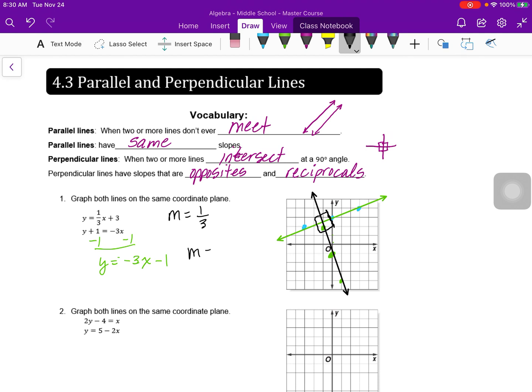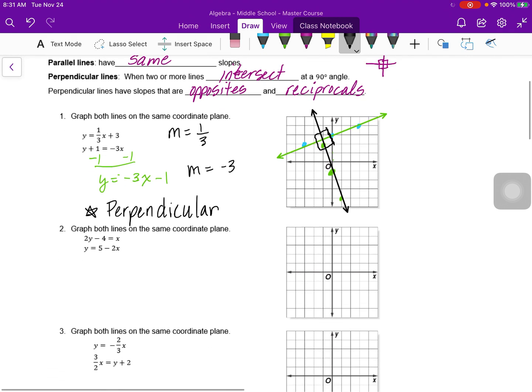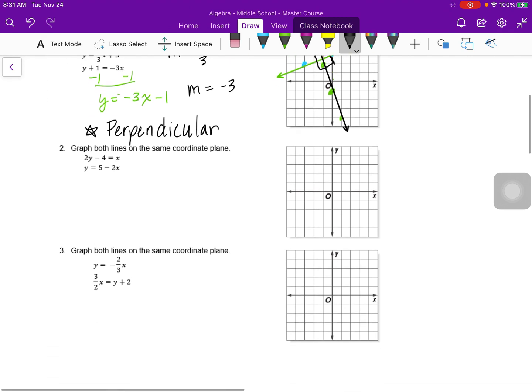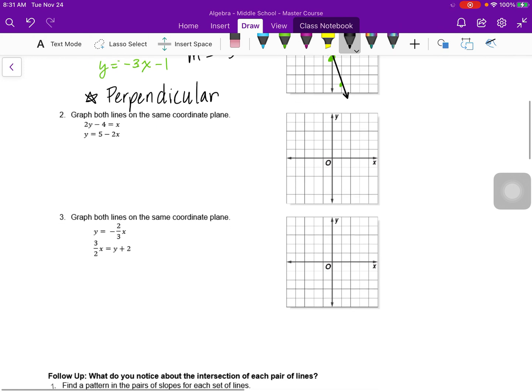In the second equation, I have a slope that is negative 3. Those are definitely opposites. One is positive and one is negative. And the reciprocal of 1/3 is positive 3. So I would definitely say that these two lines are perpendicular. I can see that, but I also proved that by looking at the slopes of both of those lines. They have slopes that are opposite reciprocals and different y-intercepts.